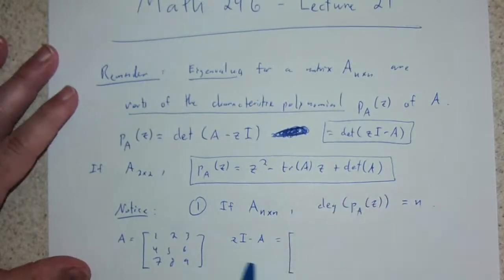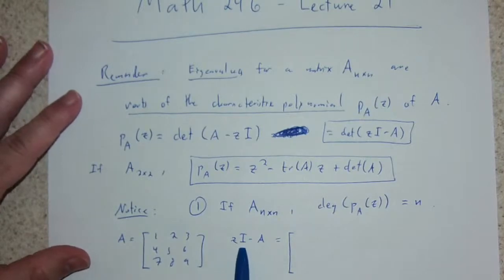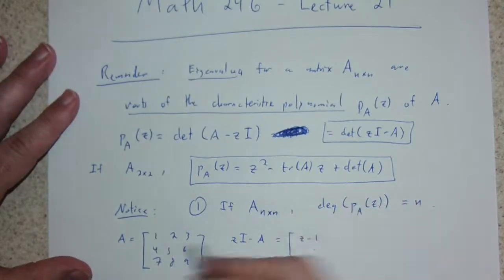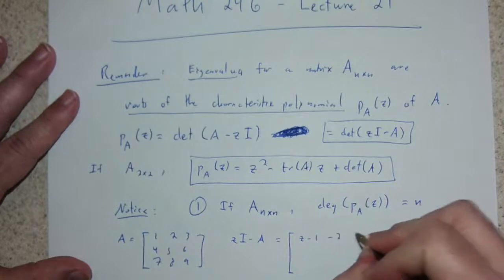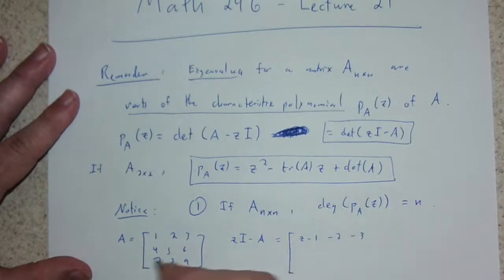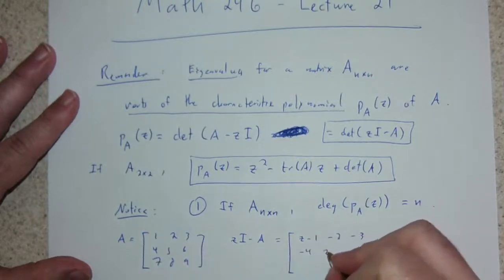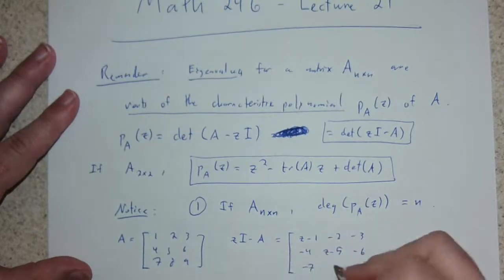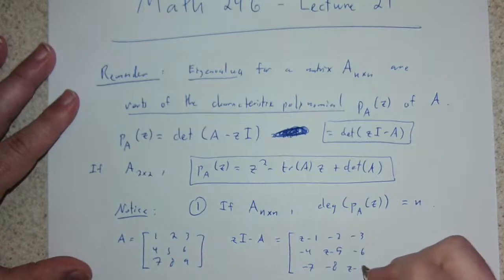Z times I is just the matrix that has z on the diagonal. So this would be z minus 1, minus 2, minus 3, minus 4, z minus 5, minus 6, minus 7, minus 8, z minus 9.